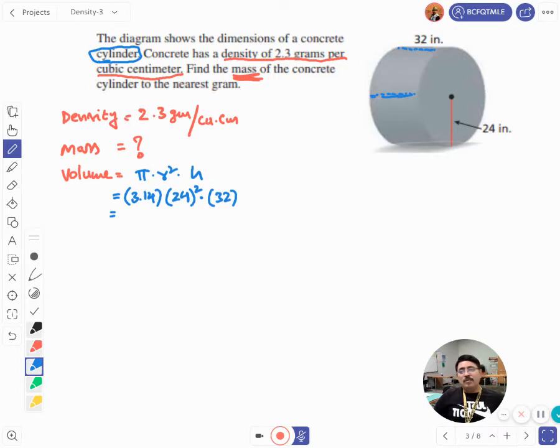But before computing further, I have to check. Whatever answer I get is in terms of cubic inches, right? But here it is mentioned cubic centimeter. Do you know how to convert from inches to centimeters?